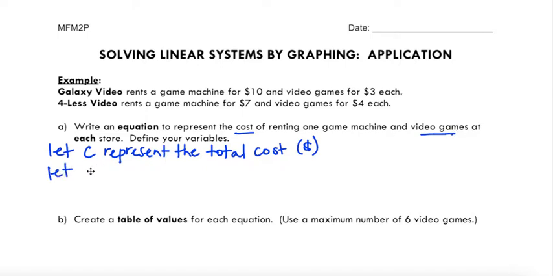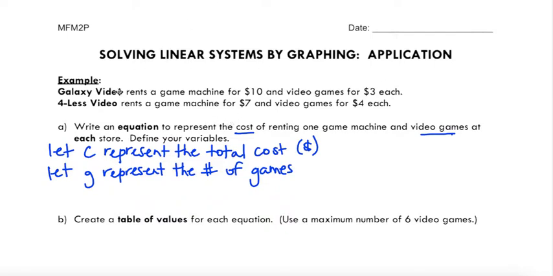So let's call it G. So let G represent the number of games, because that's going to change our cost. So the game console costs us one fixed rate, and then how many video games we rent will determine our total cost.